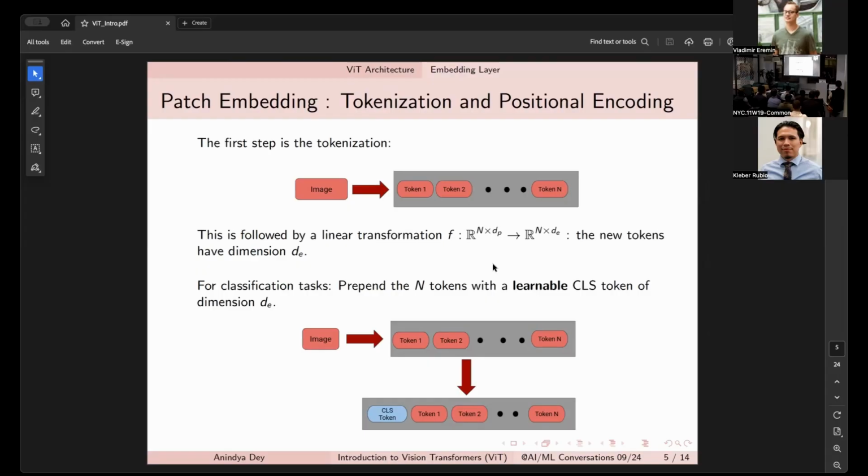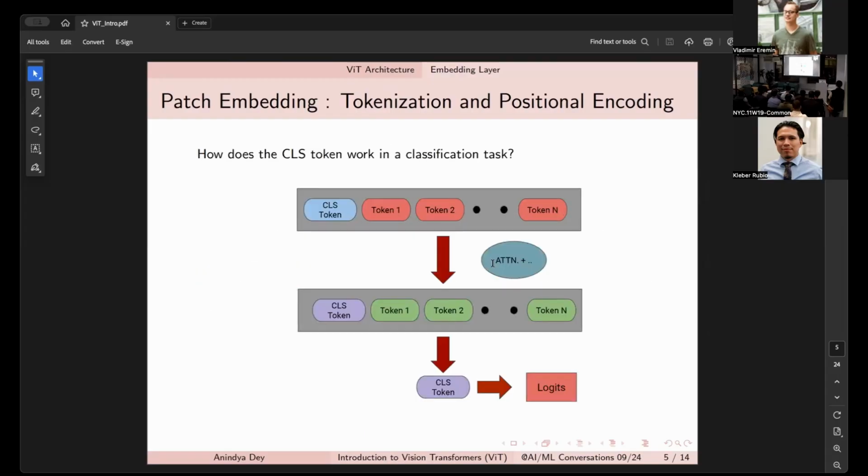All right. Now, why do I do that? The way this works is that I start with this combined token, including the class token, and let the attention layers act. As I said, in the course of the attention map, the different tokens start talking to each other, and in particular, the class token learns about the other tokens.